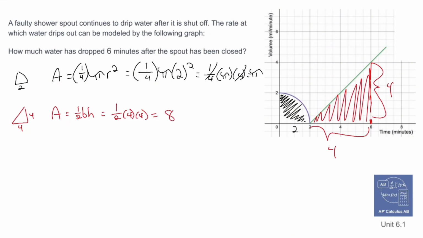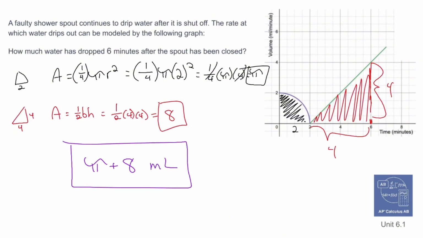So if you add the black and the red, you will get pi plus 8. So 11.14 something. We'll just say pi plus 8 to be more precise. Pi plus 8 milliliters. And that's going to be our answer.